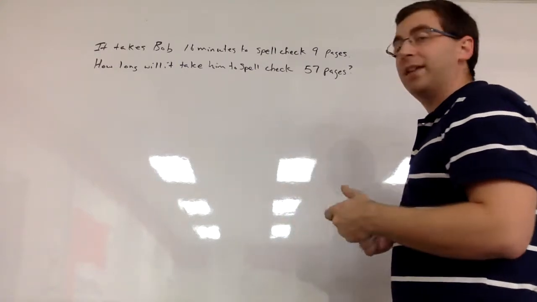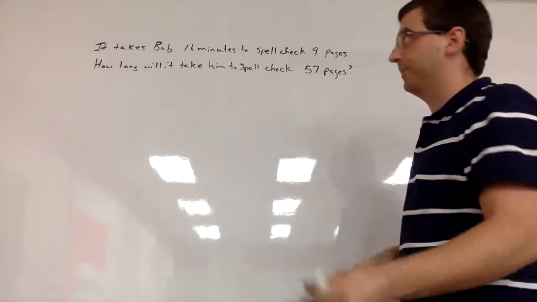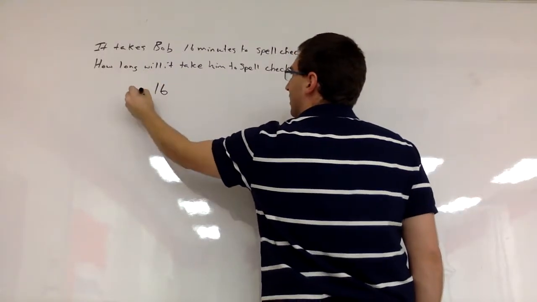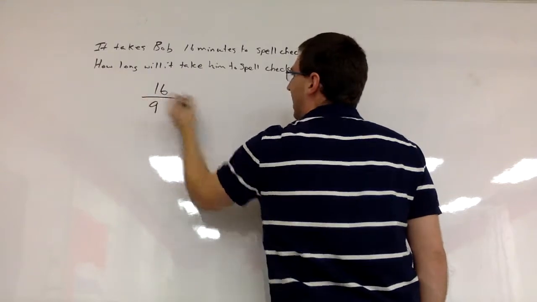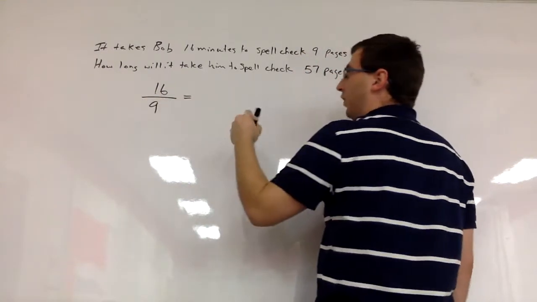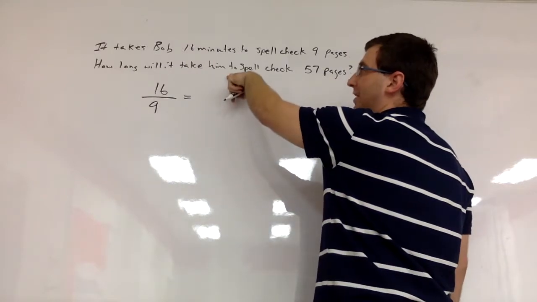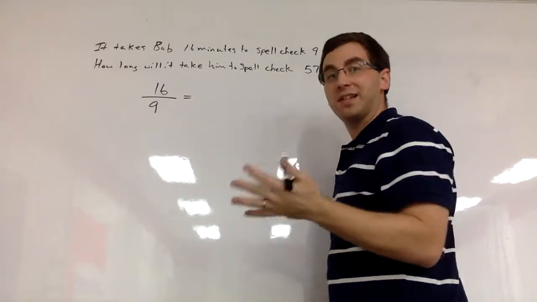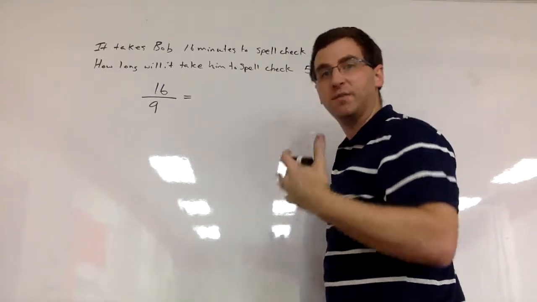Okay. So basically what we're going to do, we're going to set up a proportion. So in this case, 16 minutes for every 9 pages of work. And we want to set that equal to, well, we're trying to figure out how long it takes him to spell check 57 pages. So we're trying to figure out the time. That's going to be our variable.